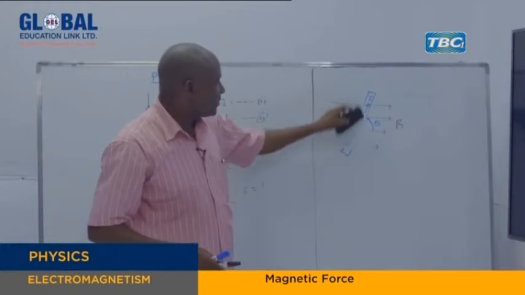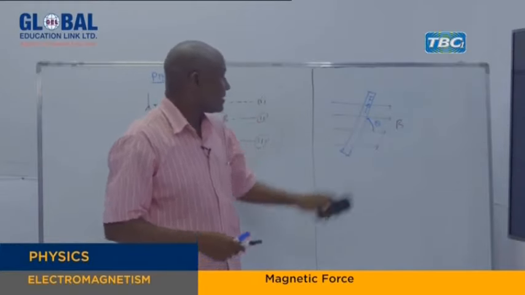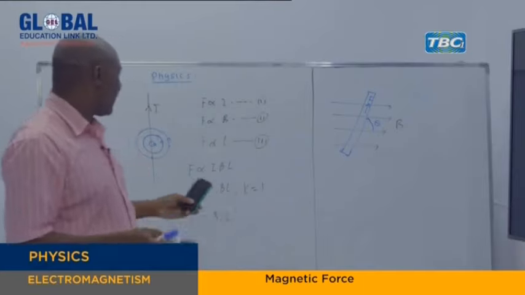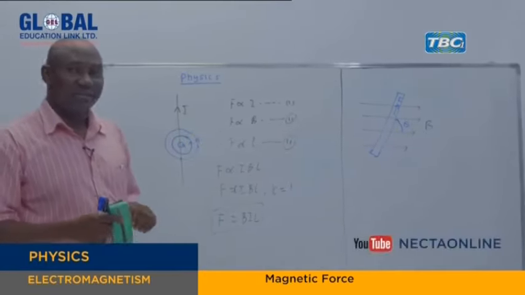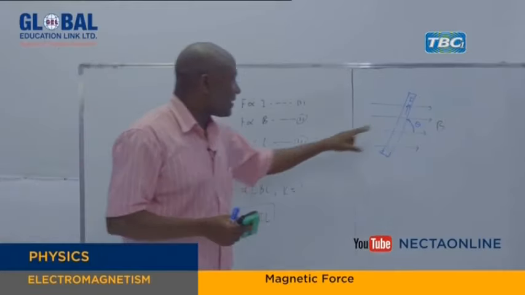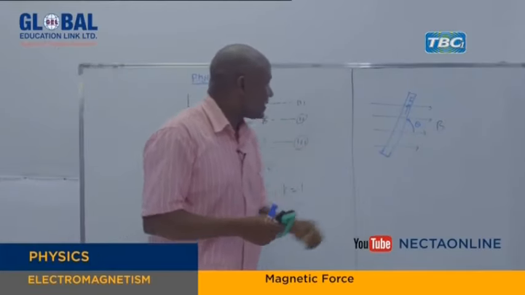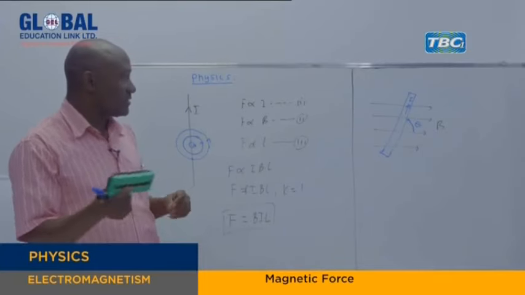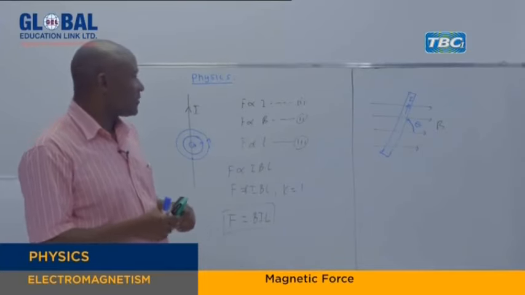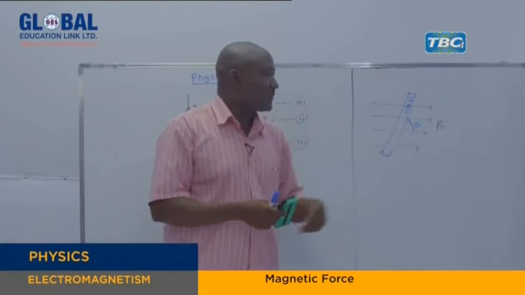So the angle between the conductor and the magnetic field is theta. And remember, when you're stating Fleming's rule, the quantities must be at right angles. So you can see here the current and the magnetic field, and the force is supposed to be perpendicular to B.